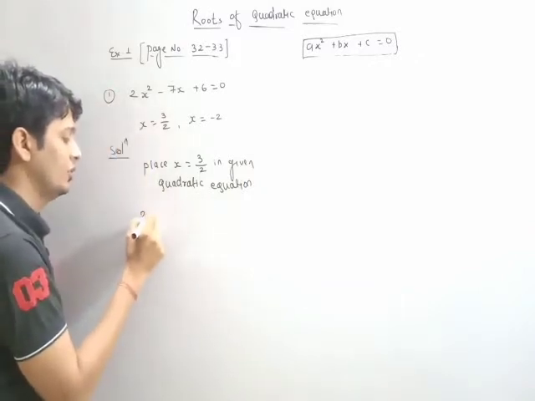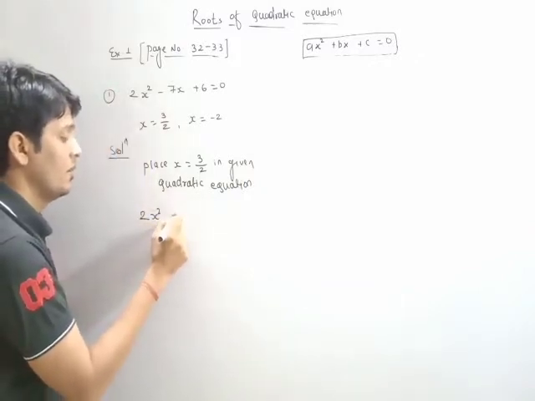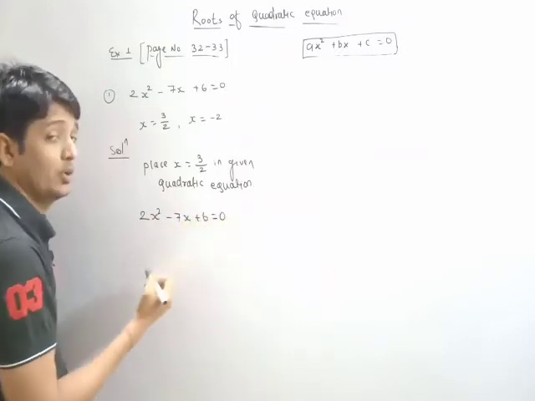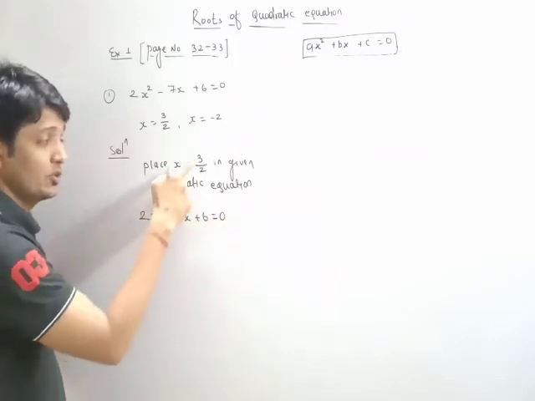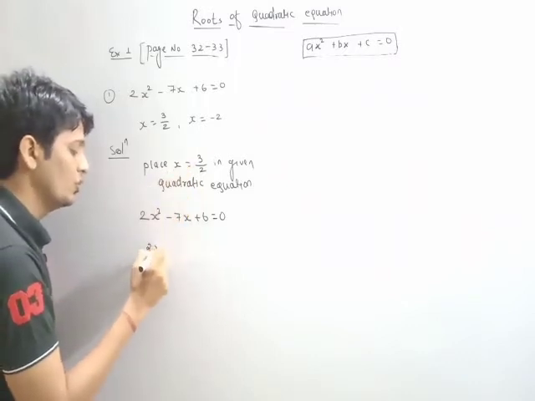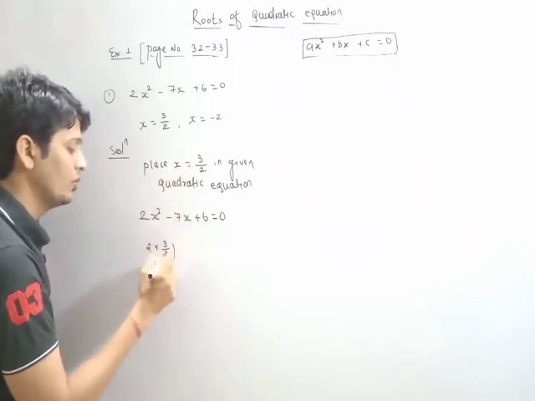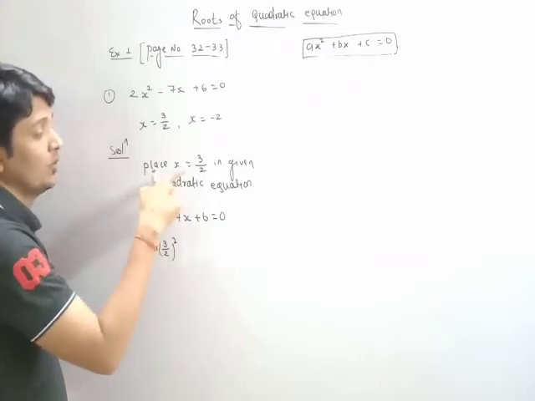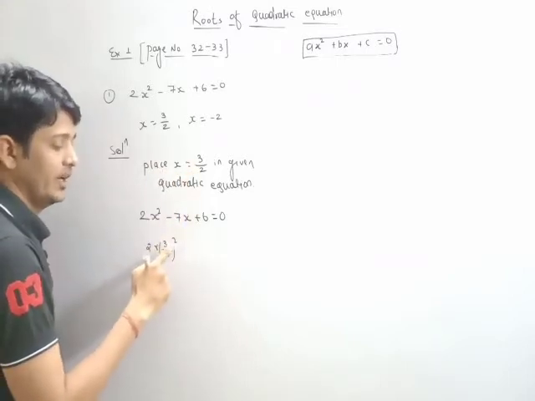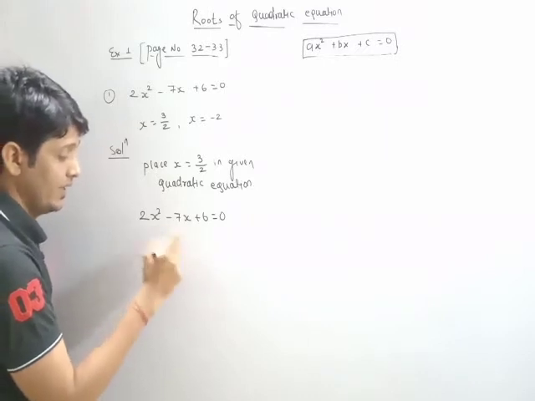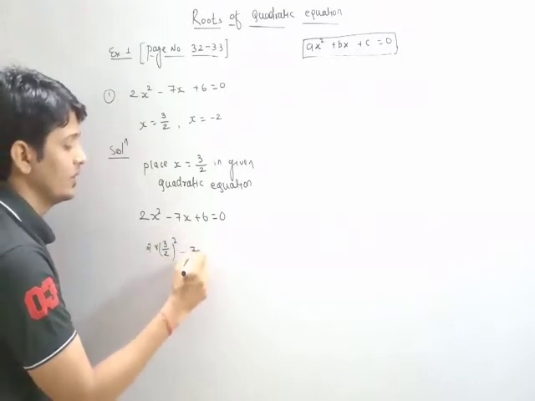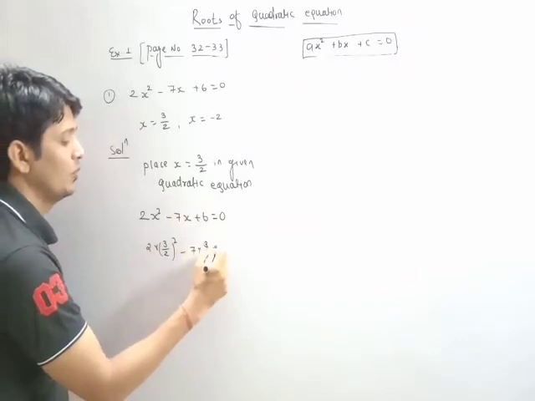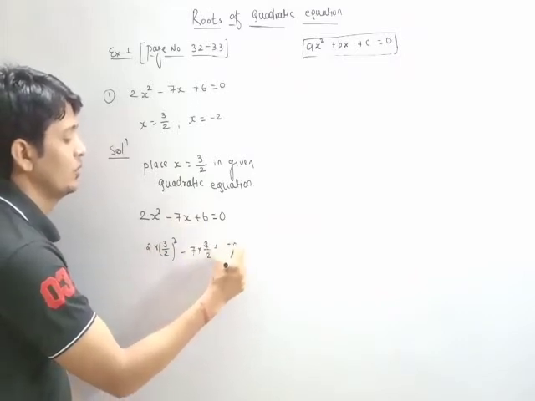It is 2x square minus 7x plus 6 equals to 0. Since x equals to 3 by 2, that means 2 into 3 by 2 square, because we have square of x, so the 3 by 2 will be in square form. Then minus 7 into what is x? 3 by 2, so 3 by 2, plus 6 equals to 0.